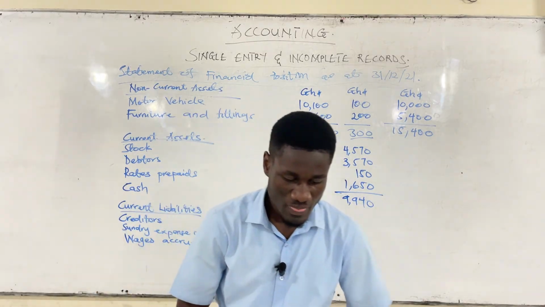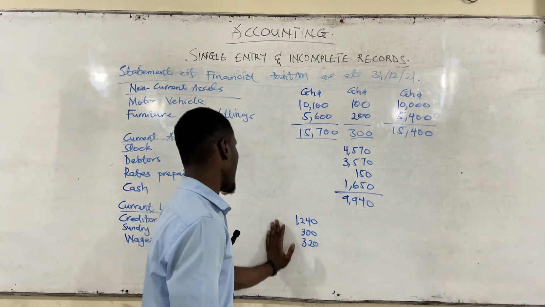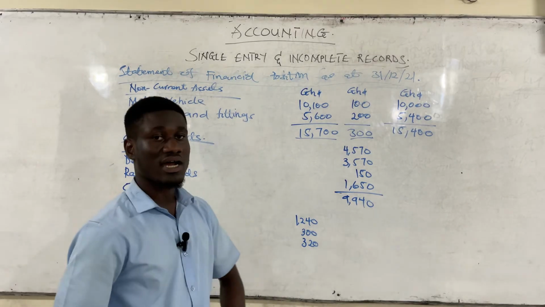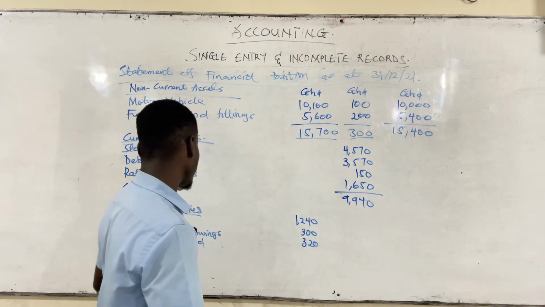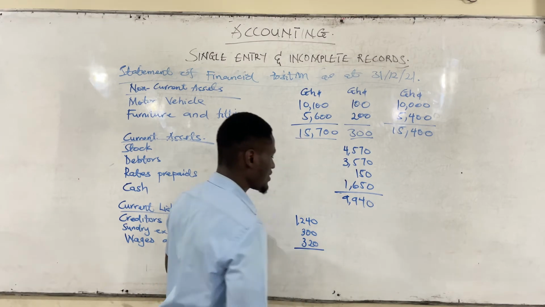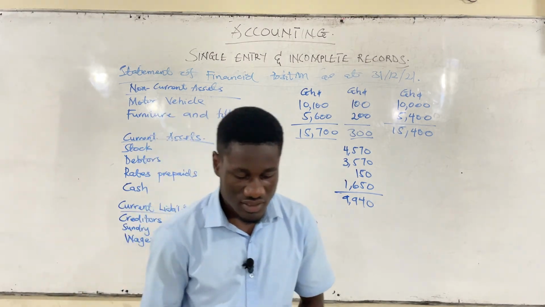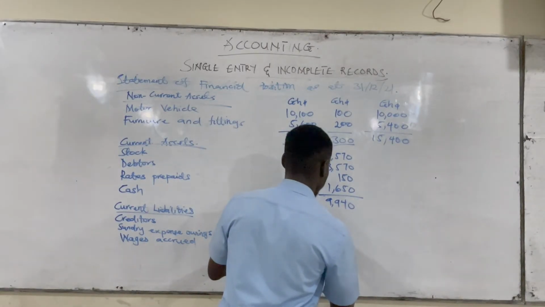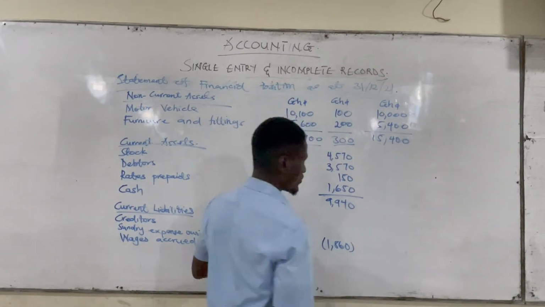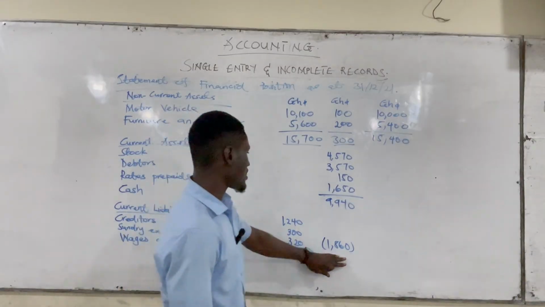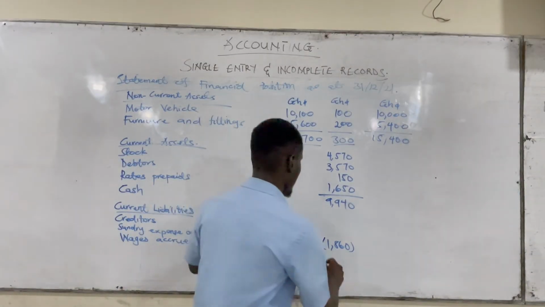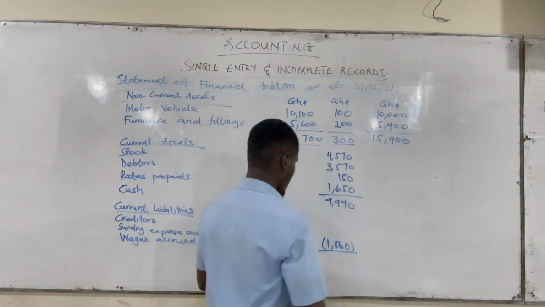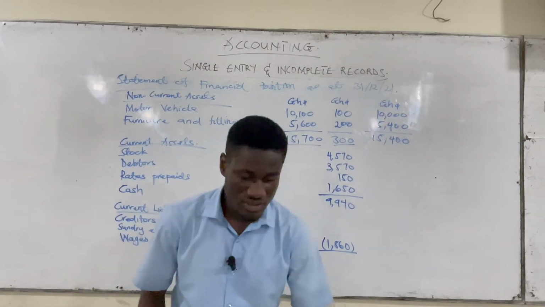Good. So these are the only items falling under current liabilities. So we are just going to add these current liabilities, and we are getting 1,860. So we are going to less this amount from this amount to get our working capital. And what's our working capital?